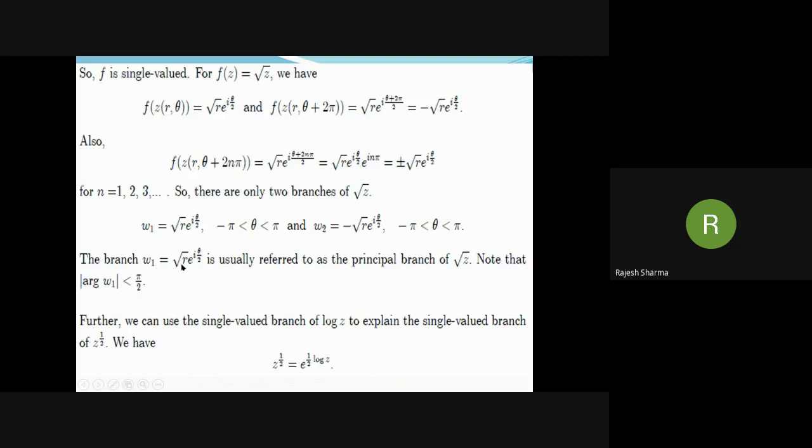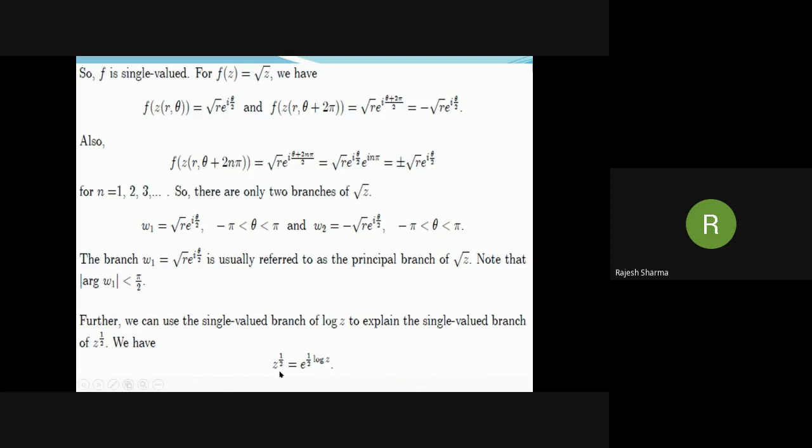Now the branch w1, √r e^{iθ/2}, is called the principal branch of root z. Also note here that the argument of w1, that is θ/2, lies in the interval minus π/2 to π/2. Further, we can also use the single valued branch of log z to explain the single valued branch of root z. Why?